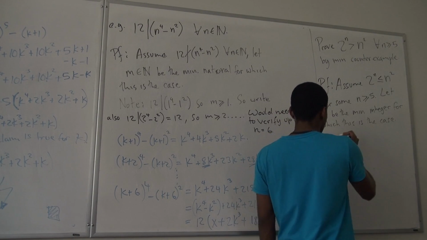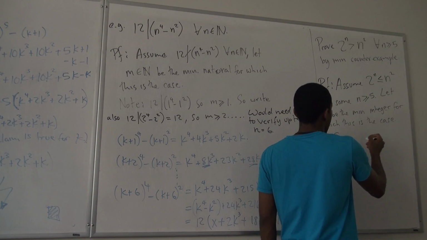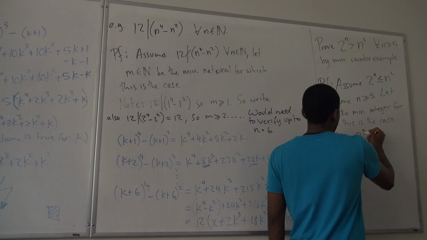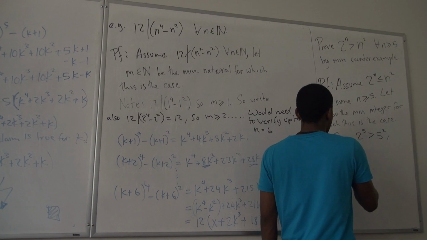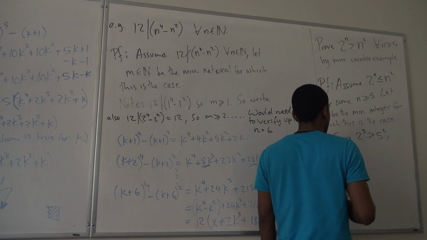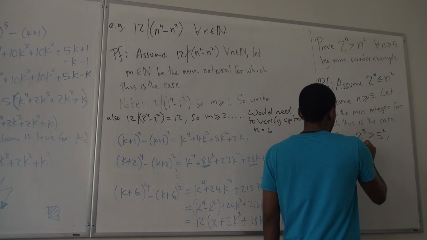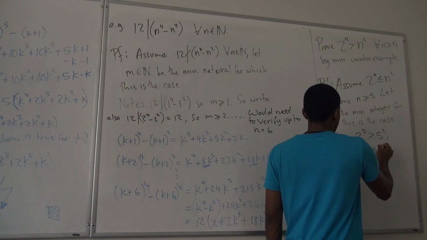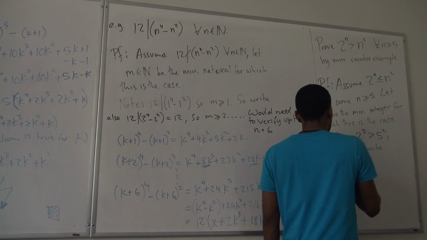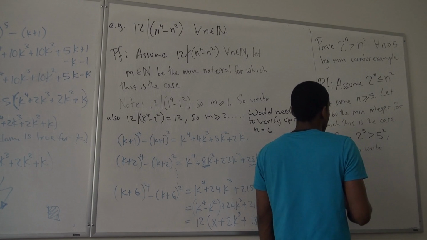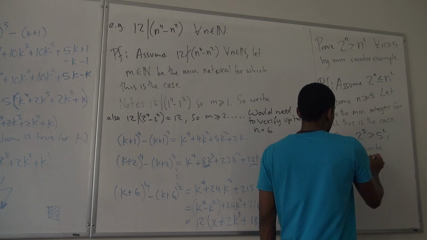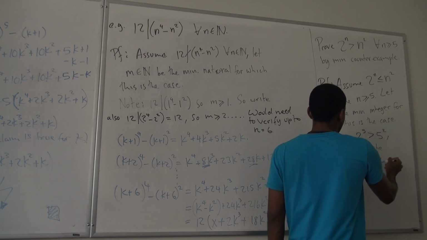So now we can say since 2 to the 5th is actually greater than 5 squared, n is at least 5. So write n is equal to k plus 1, where k is at least 4.